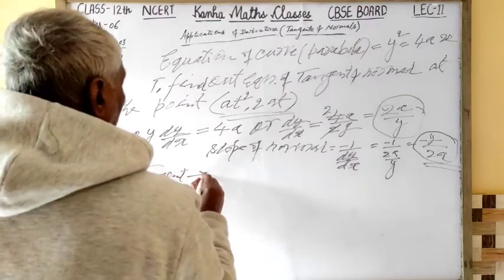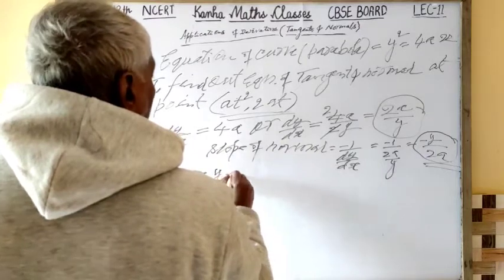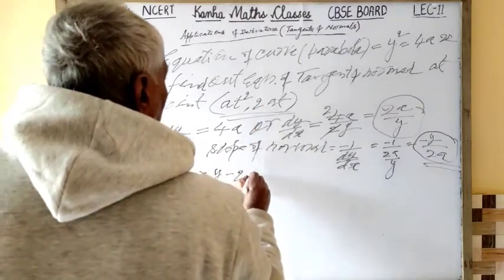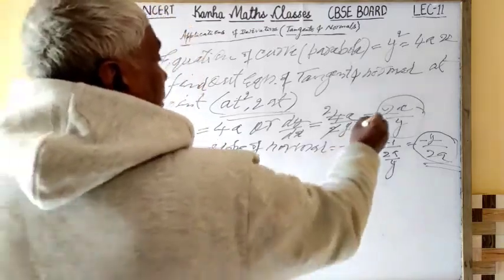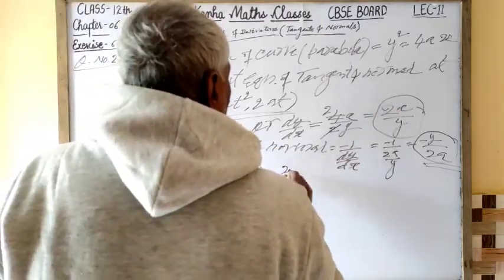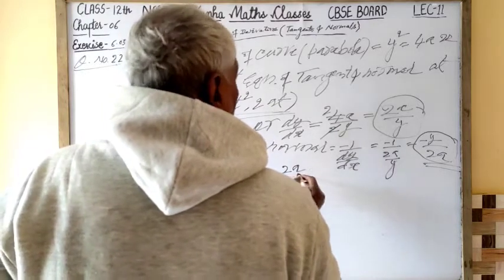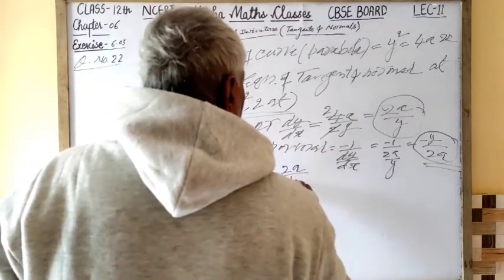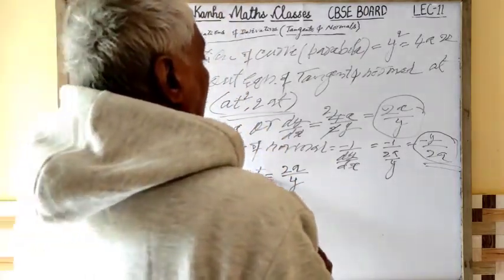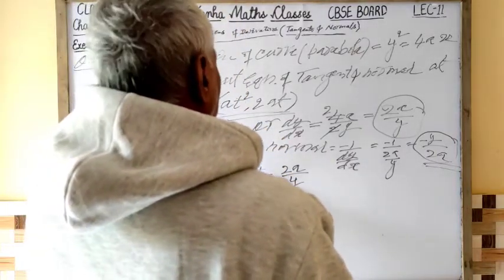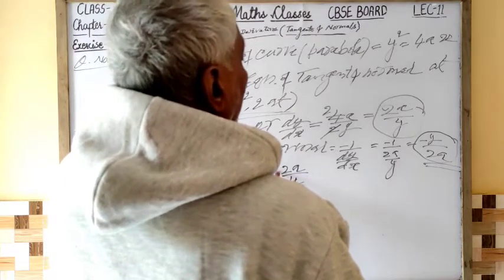The equation of tangent is y minus y1, that is y minus 2at, is equal to dy by dx times x minus x1, where m is equal to 2a upon y.